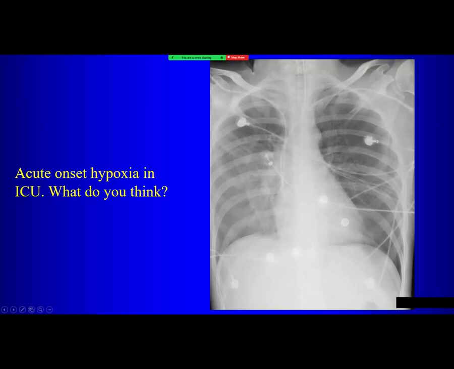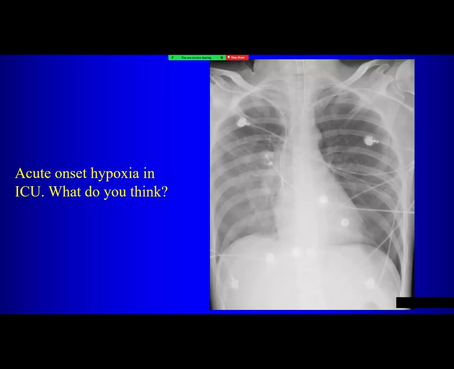Now, if I tell you that this patient is in ICU, and this patient has acute hypoxia, looking at the chest radiograph, what are you thinking in this case? Is there a deep sulcus on the left, I think?